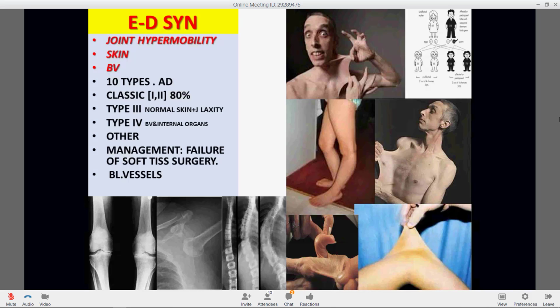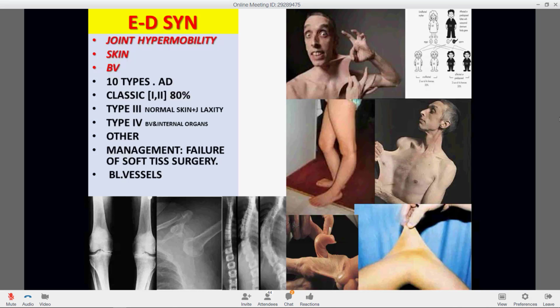The classic form, types 1 and 2, which represent about 80% of the cases, usually the patient has abnormal skin and joint hypermobility and blood vessels abnormally fragile. In type 3, there is normal skin, but there is joint laxity.